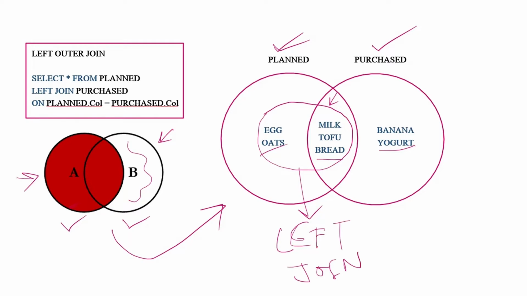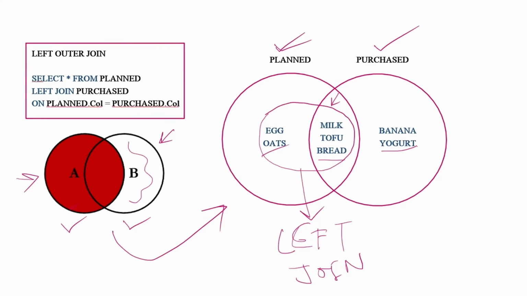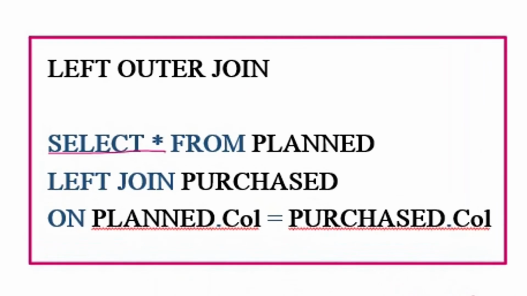Now let's have a look at the syntax. It is going to be very similar to what we have discussed earlier with inner join and full outer join. So we are saying select everything, or you can also mention the specific columns that you want, from the left hand side table which is planned, and then apply a left join on the right hand side table which is purchased, on the column which is equivalent to the column from the right hand side table, which means this column should be common in both the tables.